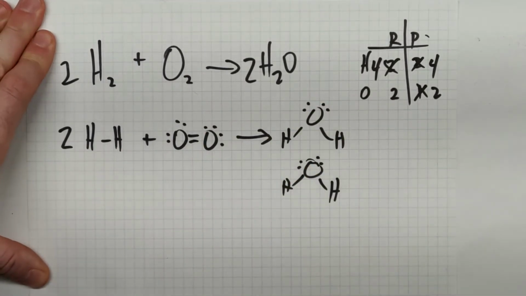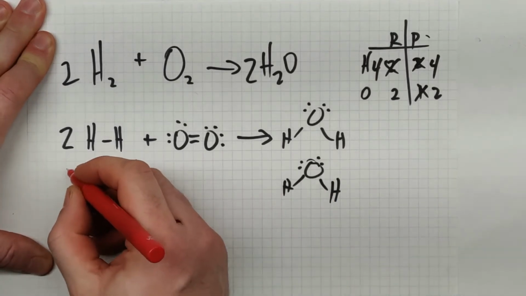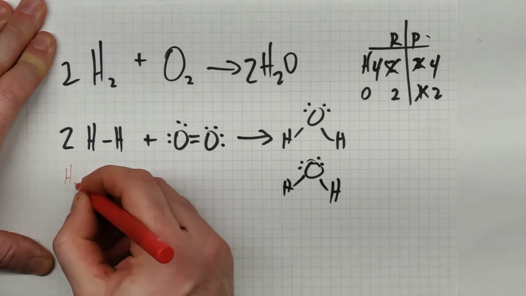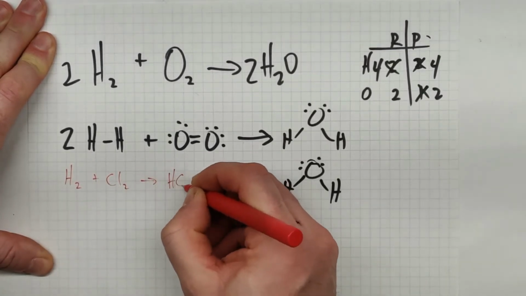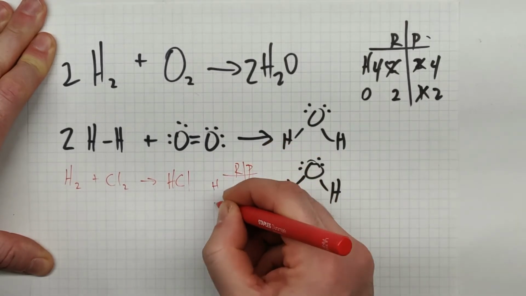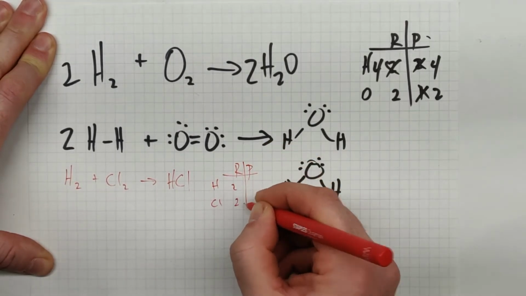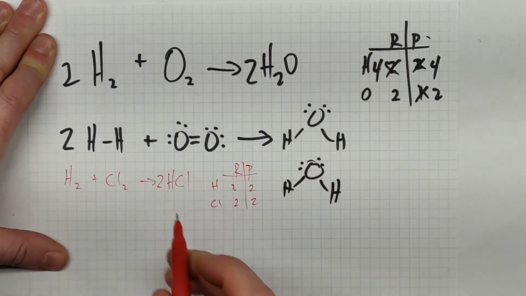And sometimes it's a little easier than others, and I'm just going to sketch this one out much smaller. Say you've got something like hydrogen and chlorine giving you HCl. If we set up our table of reactants and products with hydrogen and chlorine, we've got 2, 2, 2, and 2, if we put a 2 right there. But this makes sense.